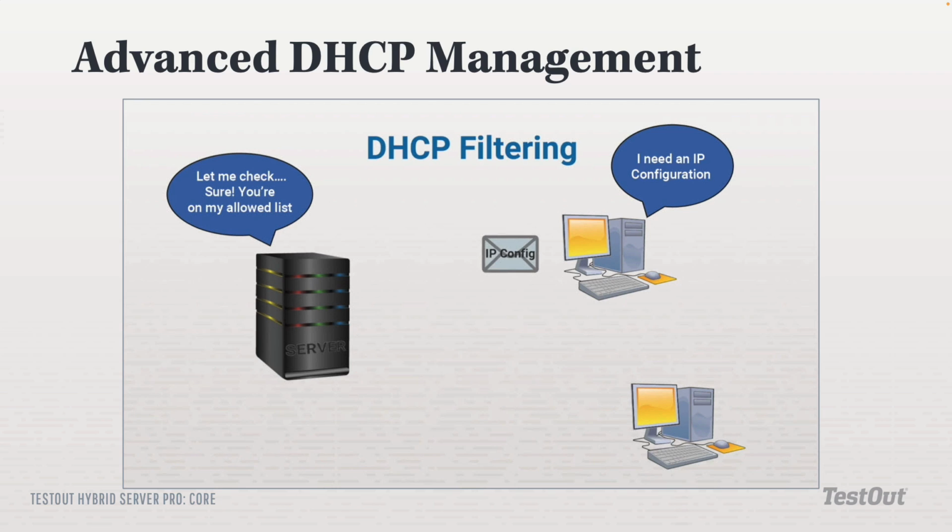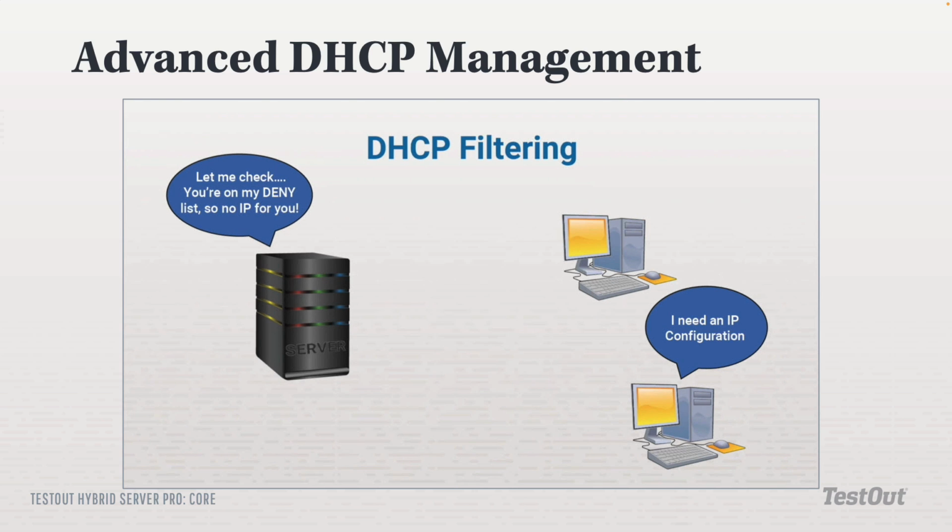DHCP filtering comes in when we have clients that we've marked as bad actors on our network. We would go through and say, we're not giving you any information, or we might assign you a bad address that's not going to route anywhere, okay?